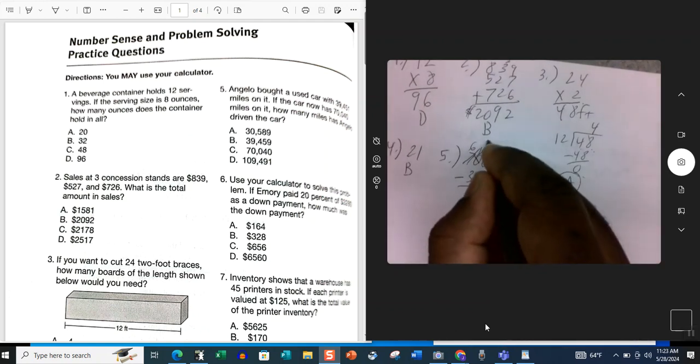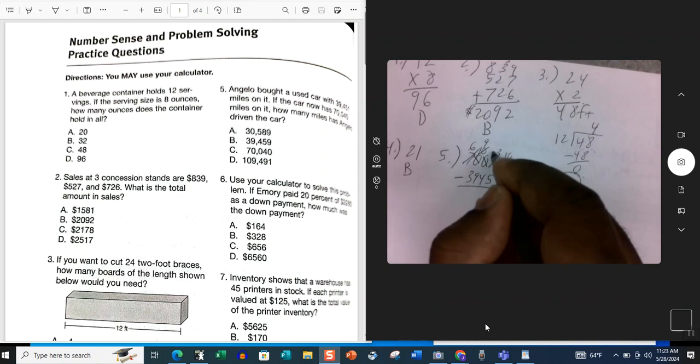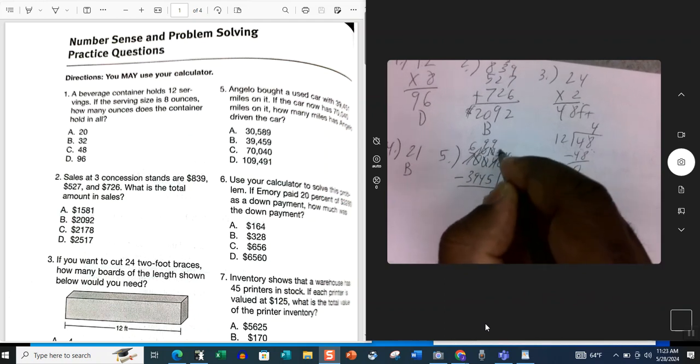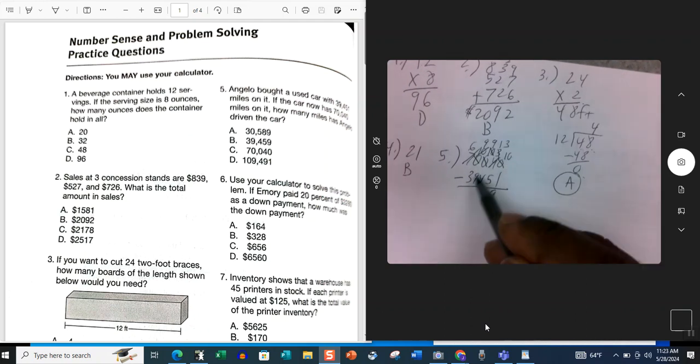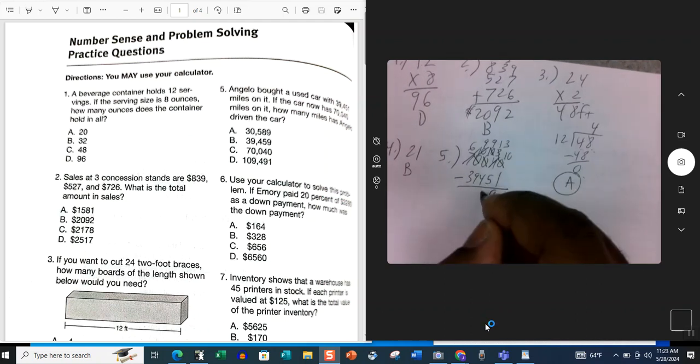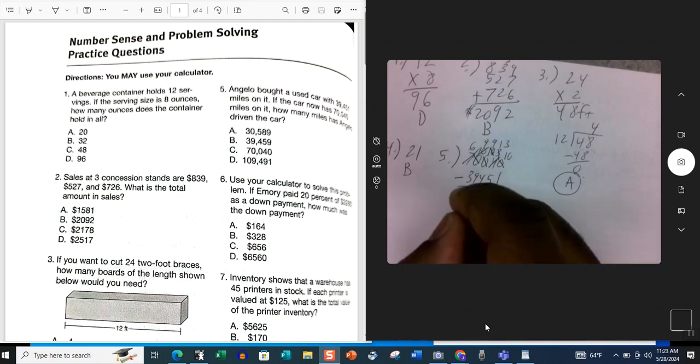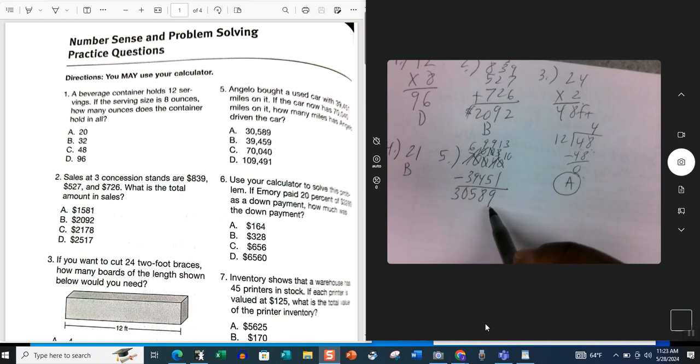We have to borrow 1 from the 10, make it 9. And this 0 becomes 10. We borrow 1 from this 10, it becomes 9. And this 3 becomes 13. So we had 13 minus 5 is 8. 9 minus 4 is 5. 9 minus 9 is 0. And 6 minus 3 is 3. So it's 30,589, which is A.